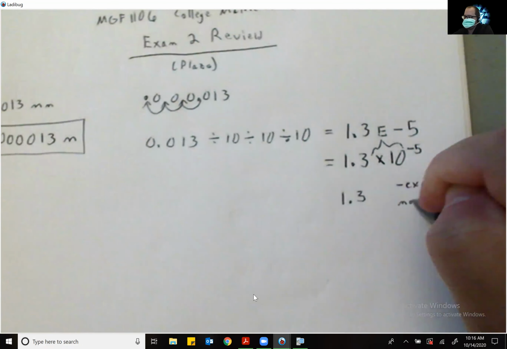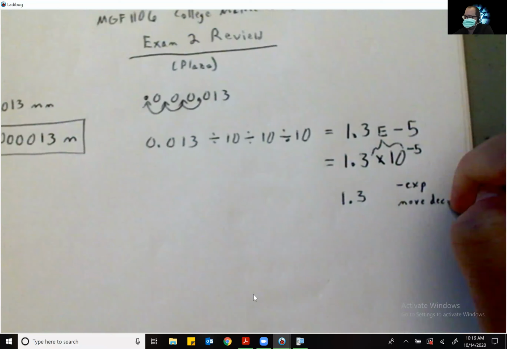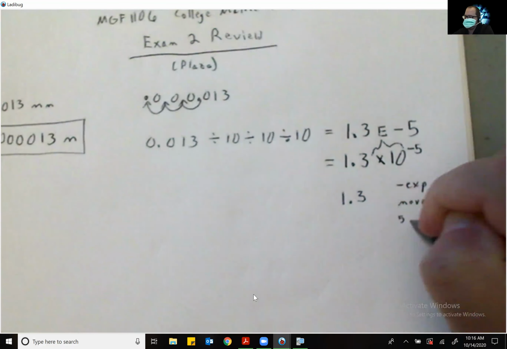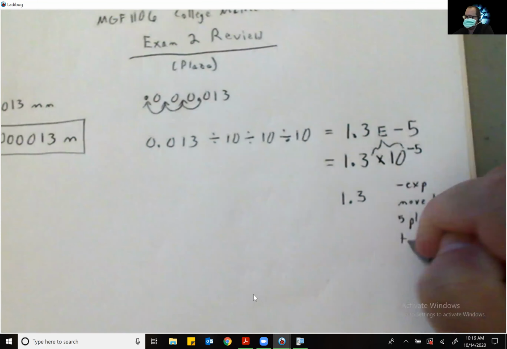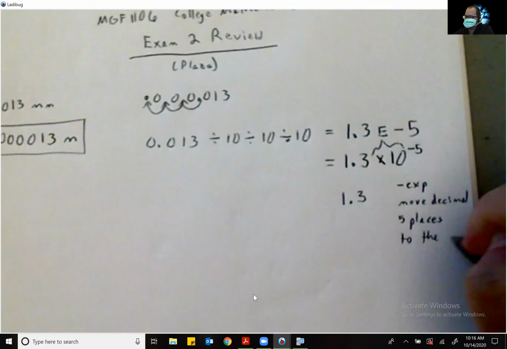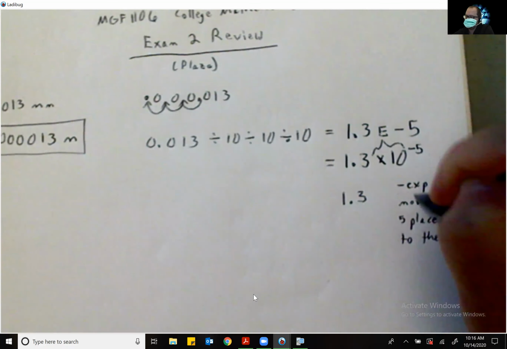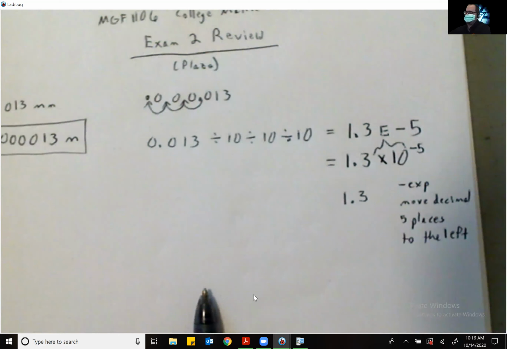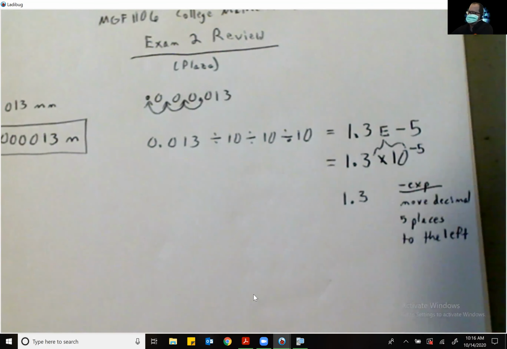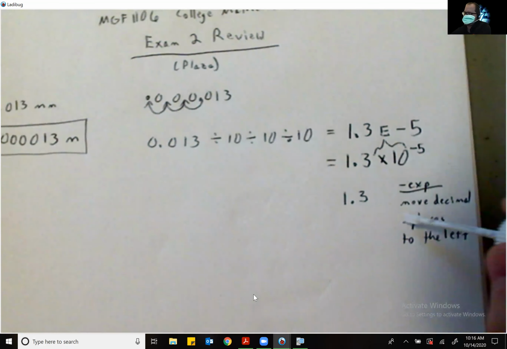I didn't want to write out 5 places, I just wanted to write in general: what does the negative exponent mean?